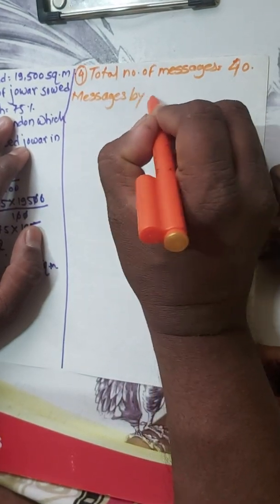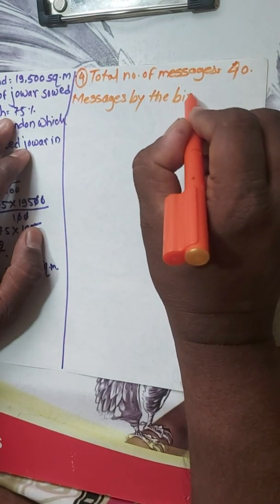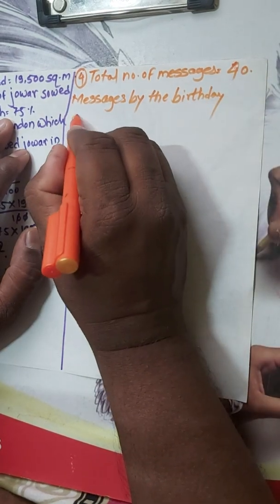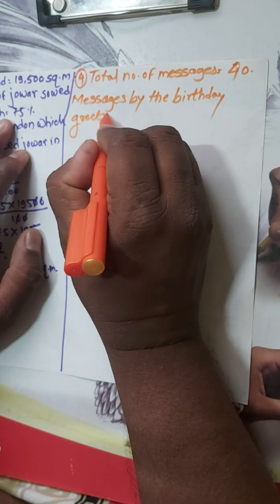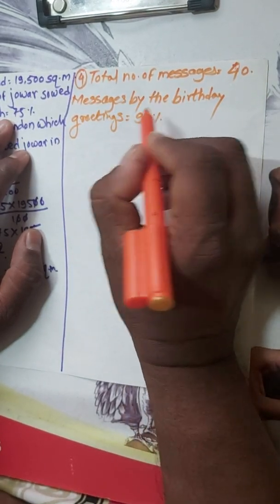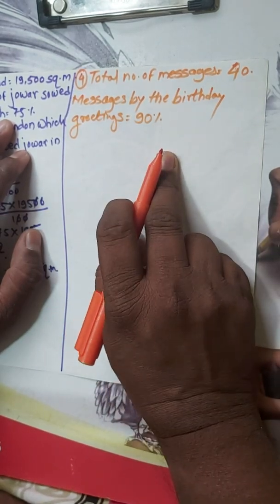Messages by the birthday greetings is equal to, that is given in percent. Here percent is given. Okay.